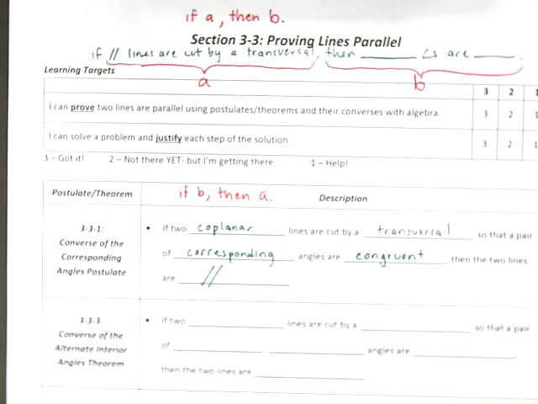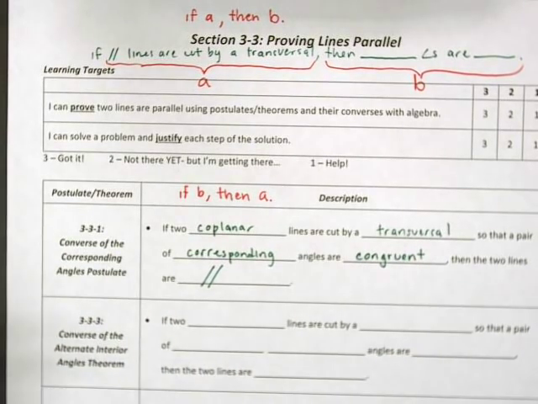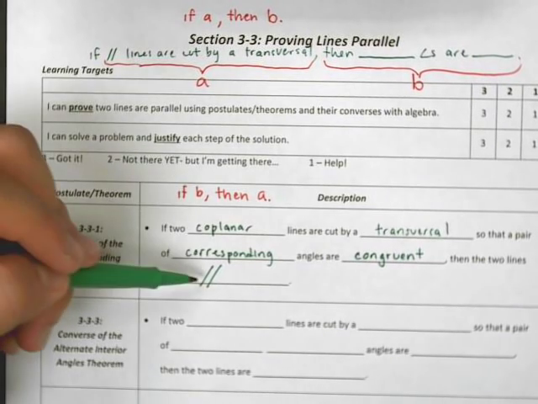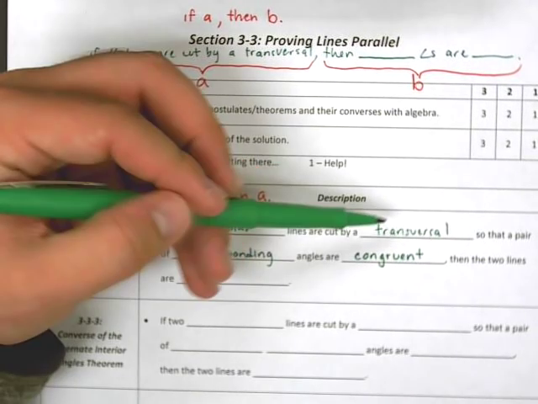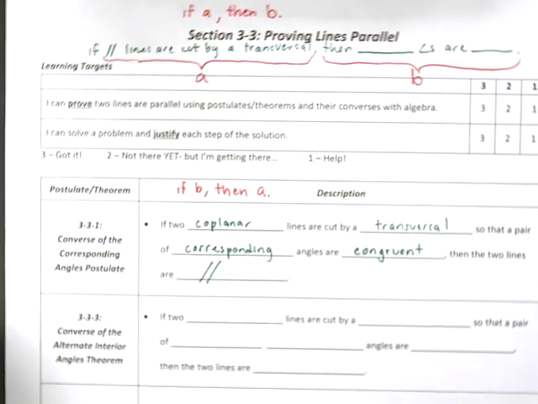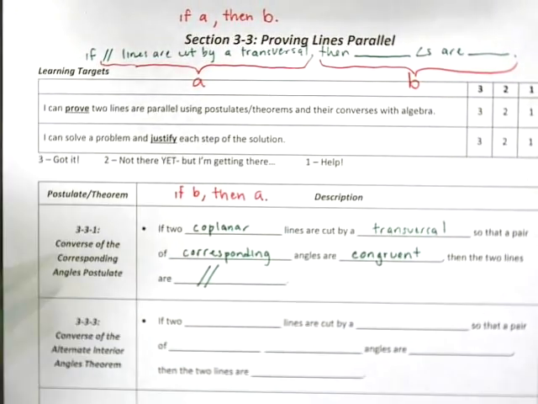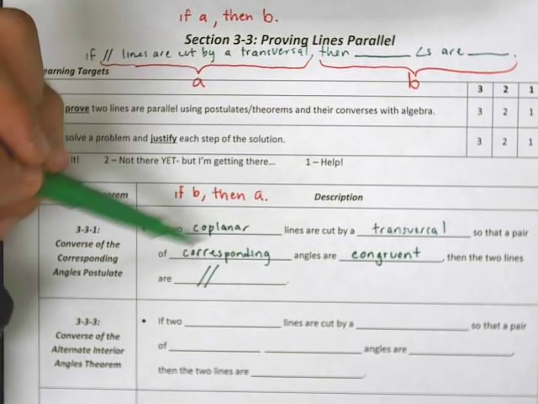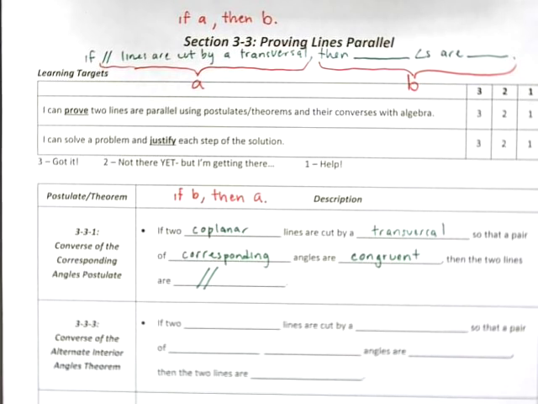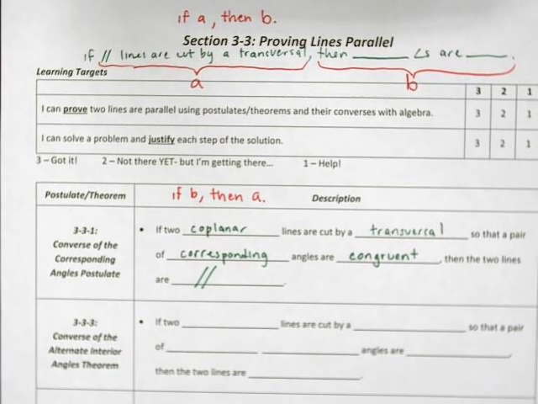All right? Think about this. In 3.2, we would say if two parallel lines are cut by a transversal, then those corresponding angles are congruent. Well, now we're saying if two lines are cut by a transversal so that the corresponding angles are congruent, then the lines have to be parallel. So we're proving that lines are parallel.